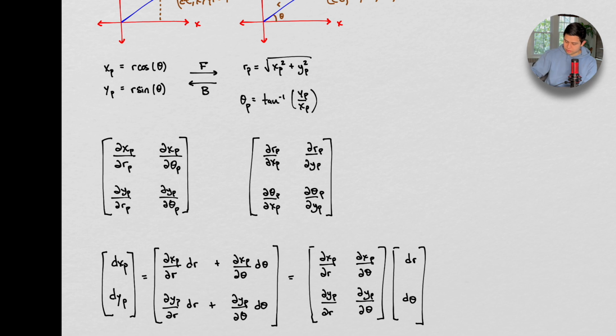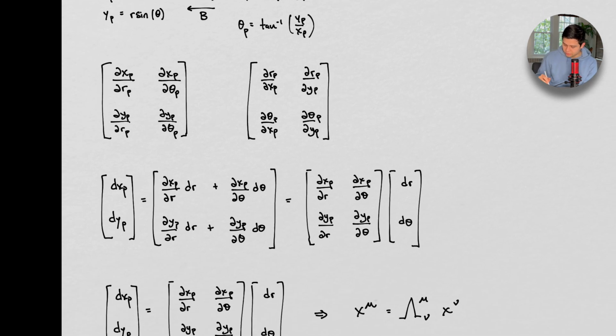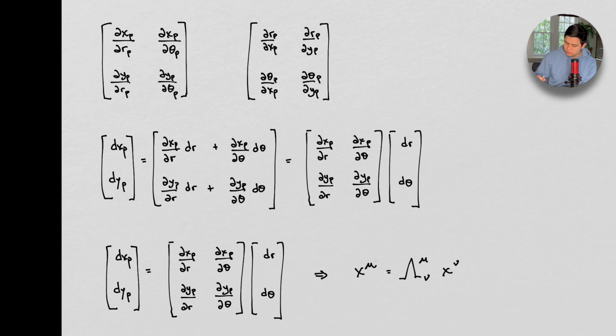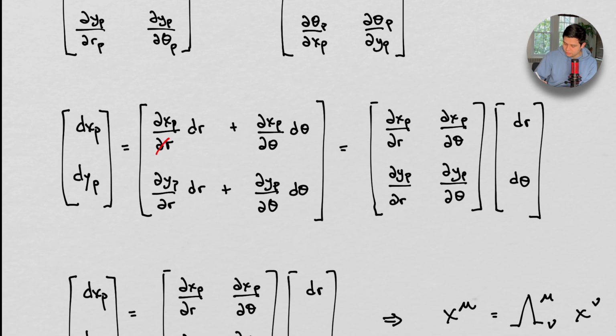And the way we work these out is we say, okay, we have some vector, and the vector is described by some distance in the x direction, some distance in the y direction. Well, the total derivative in the x direction is going to be dx over dr times dr, right? So that those guys can cancel essentially, and we get all this cancellation.